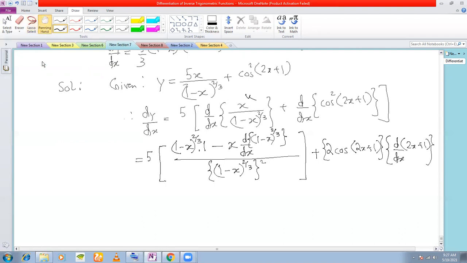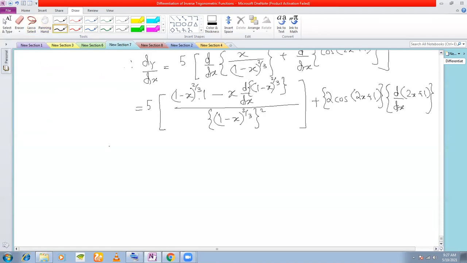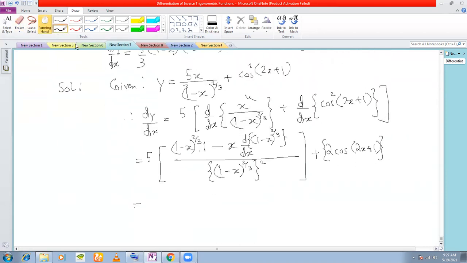Okay, we need to differentiate the cos also. We differentiated the power here, 2 cos (2x plus 1). Next, it should be d/dx of cos (2x plus 1), not only (2x plus 1). Right?